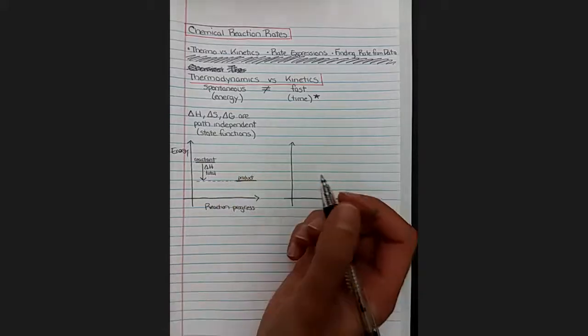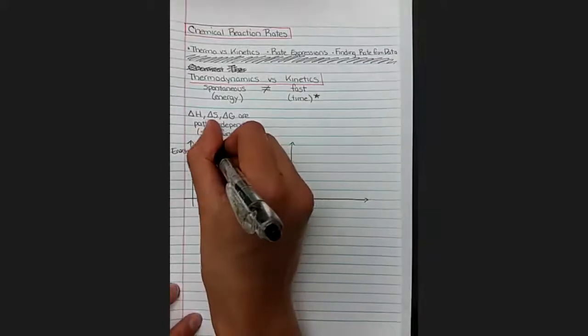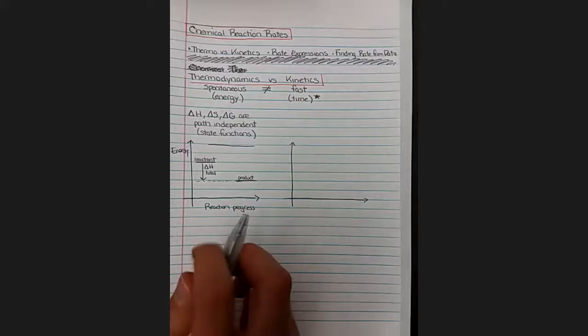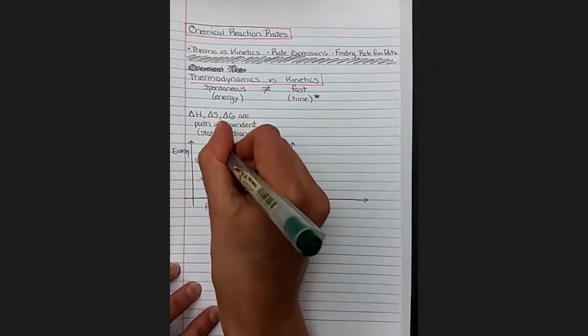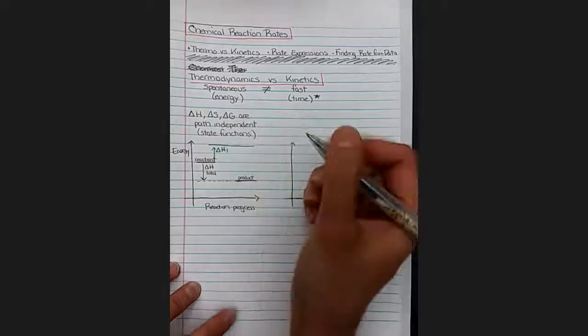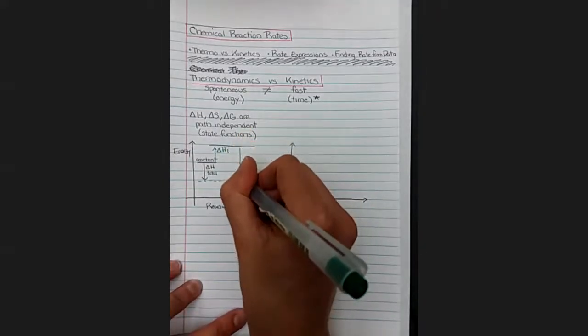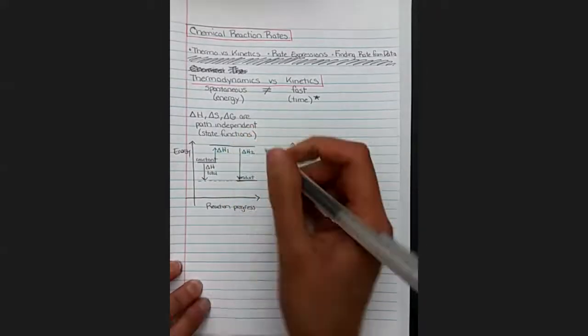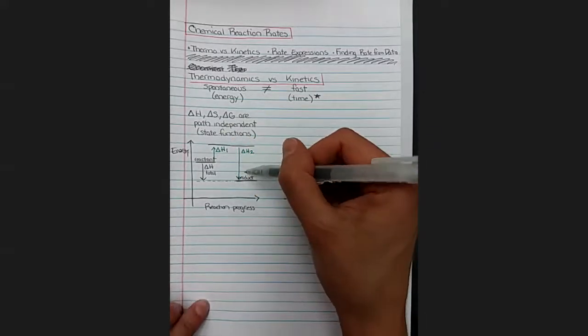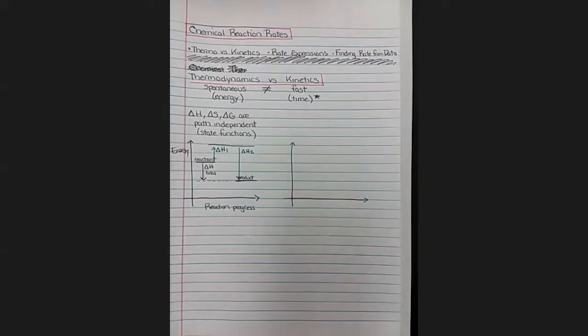But we also said we could go a different way. So we could go through some higher energy intermediate. We could take one step, delta H1, up to this higher energy, and then take a second step, delta H2, down to the product. And as long as we start and end in the same spot, that should be just fine.